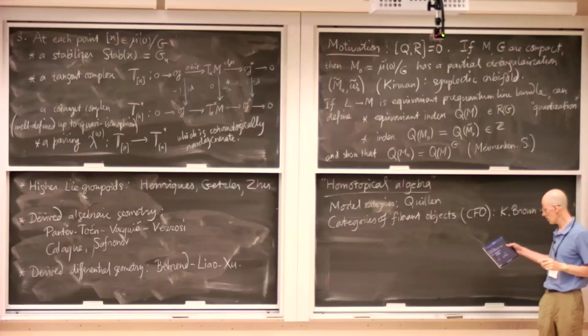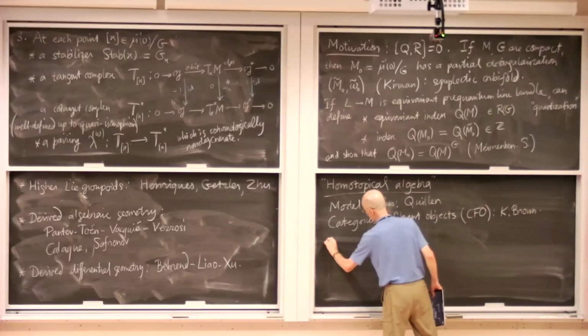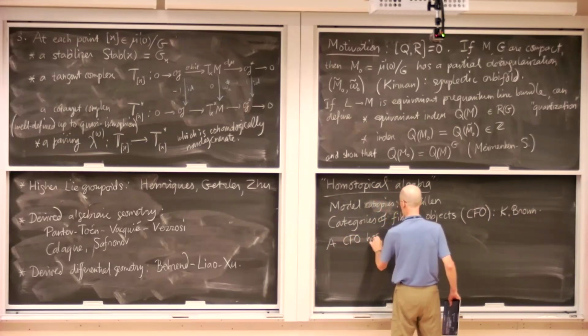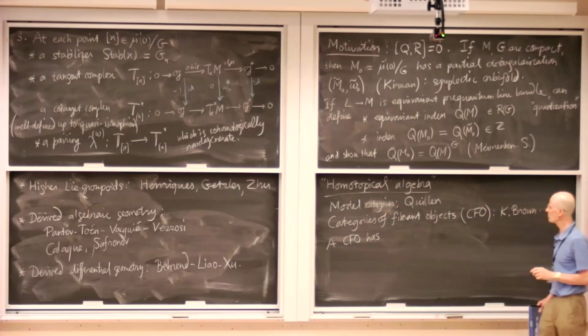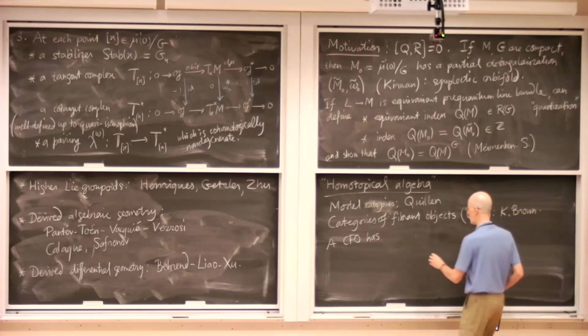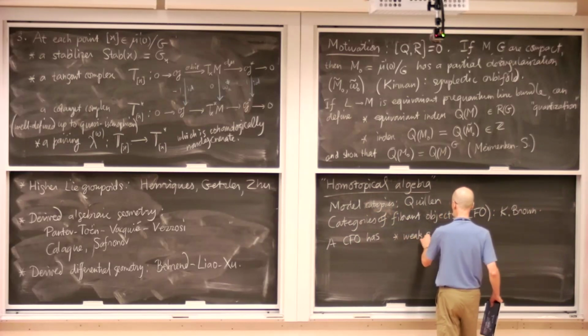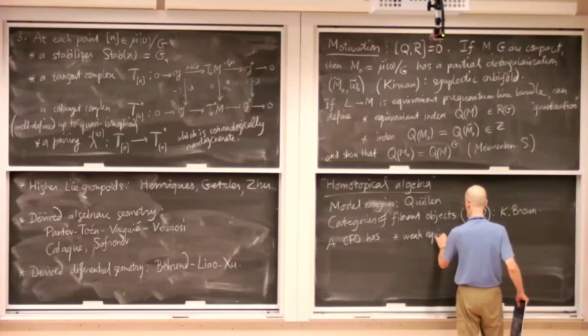The category of fibrant objects, it's a category. I won't write down the axiomatics, but it has three special classes of arrows. One is weak equivalences, which you think of as homotopy equivalences.